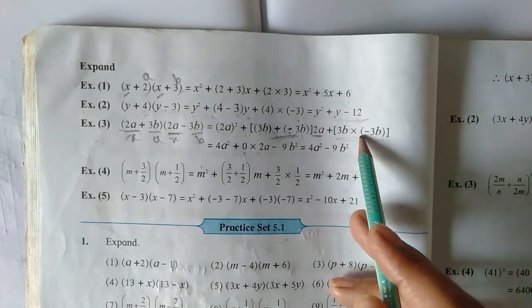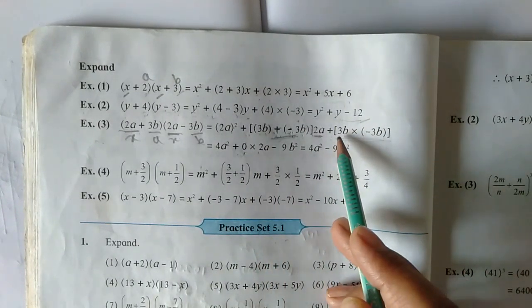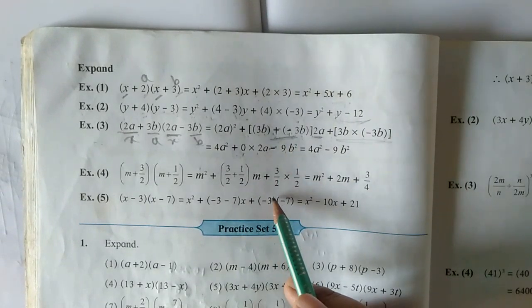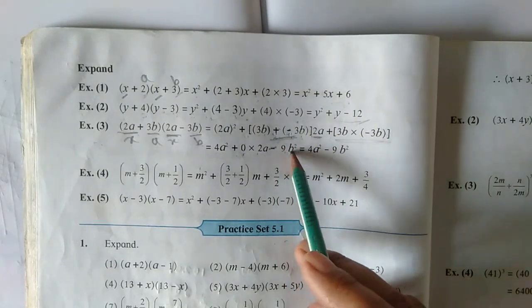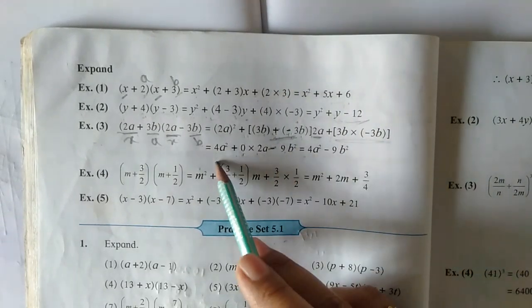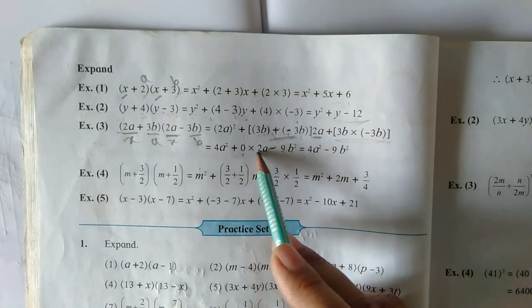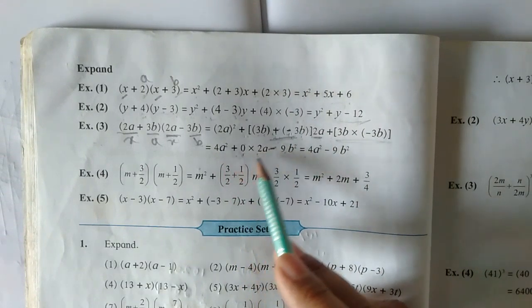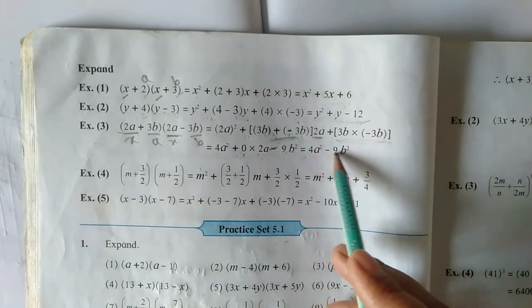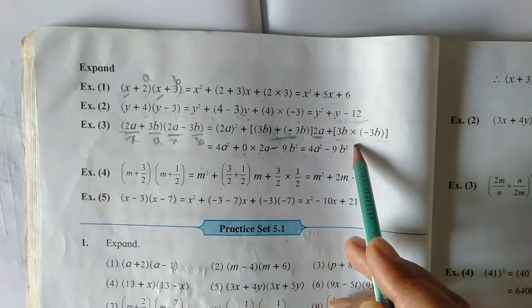And thrice b into minus thrice b is minus 9b square, because 3 threes are 9 and b into b is b square. So it equals 4a square plus 0, 0 multiplied by twice a is 0, minus 9b square. So 4a square minus 9b square.